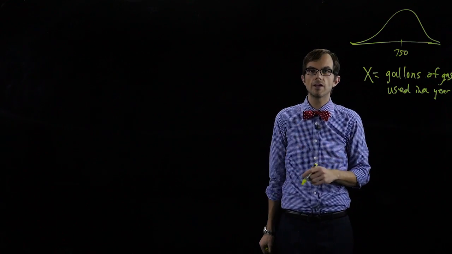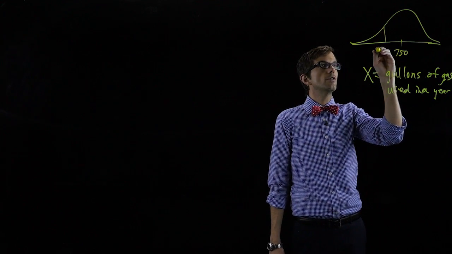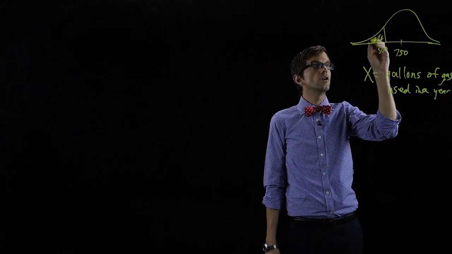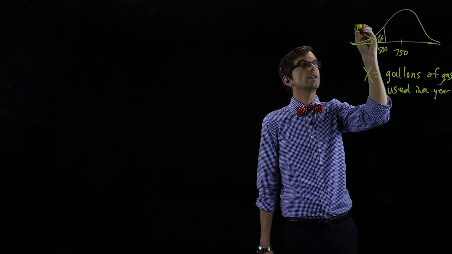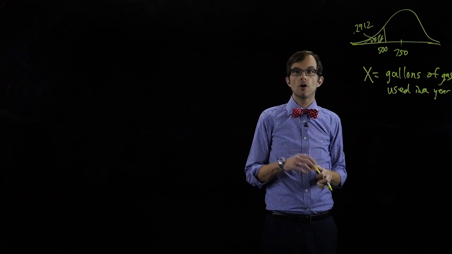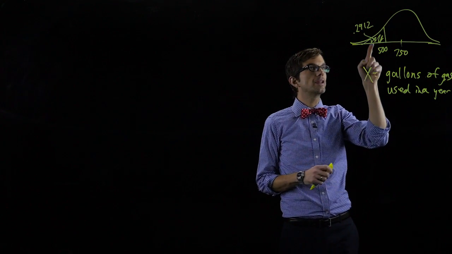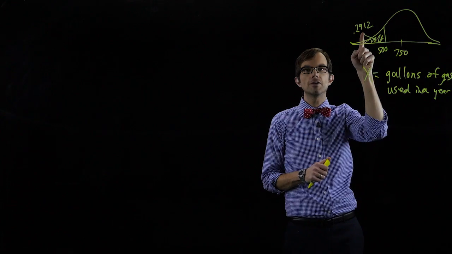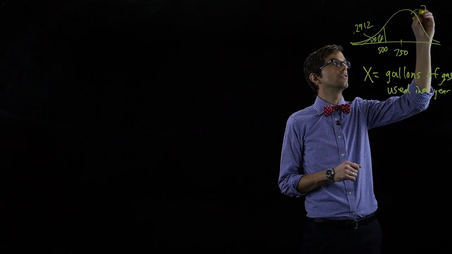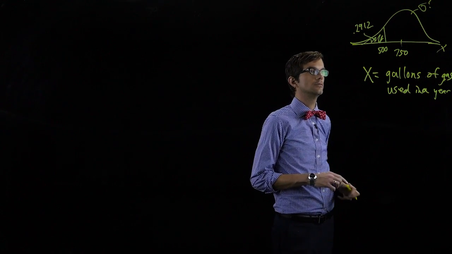But we don't know the standard deviation. We do know this, that below 500 gallons lie 29.12% of cars. So if annual automobile usage is normally distributed, and if 29.12% of cars in the US use less than 500 gallons, what is the standard deviation of x?